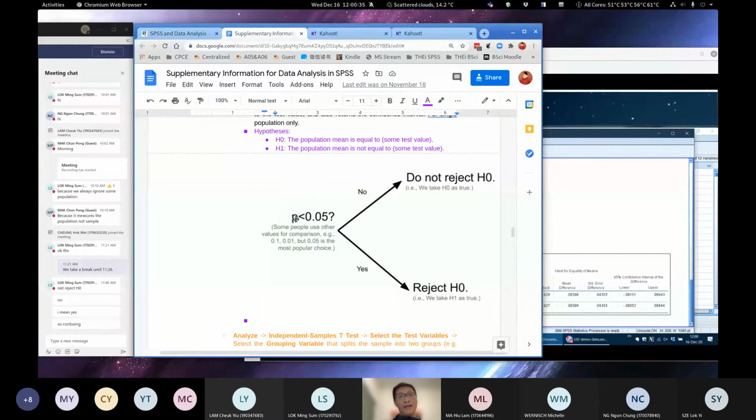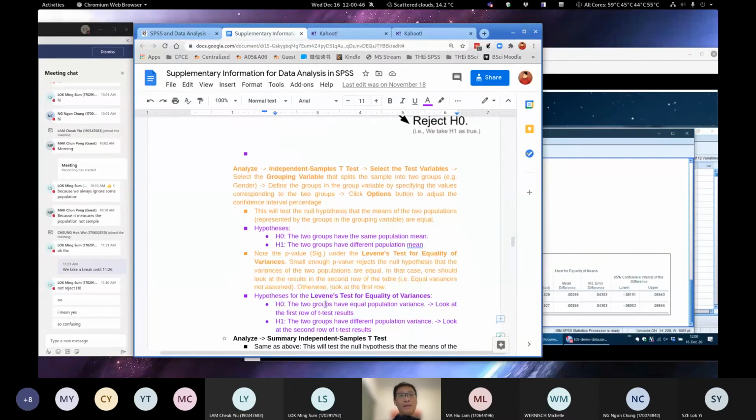So according to the tree here, H1 is true for the Levene's test. So what is H1 here? H1 here is that the two groups have different population variance. So according to this rule here, we want to look at the second row of the t-test result.